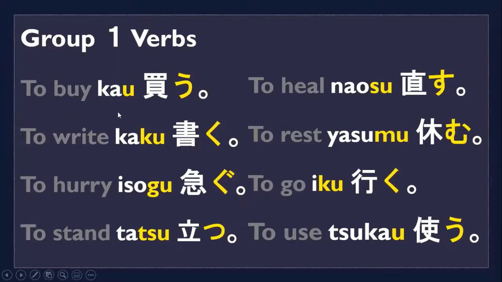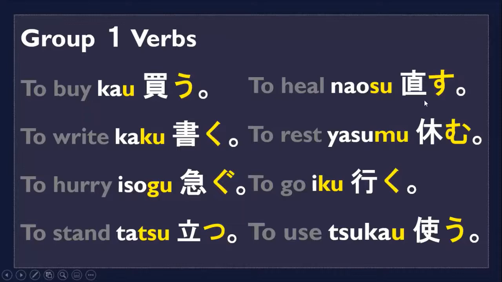So to buy is 買う, kau. So what will be here instead of u? What kind of te form will be used? You can try it later on. To write is 書く, kaku, to hurry is 急ぐ, isogu, to stand is 立つ, tatsu.